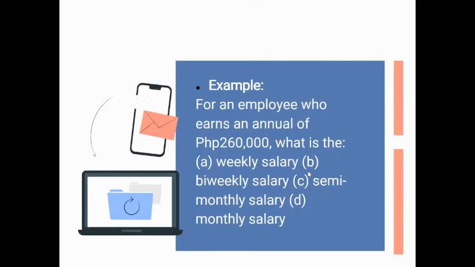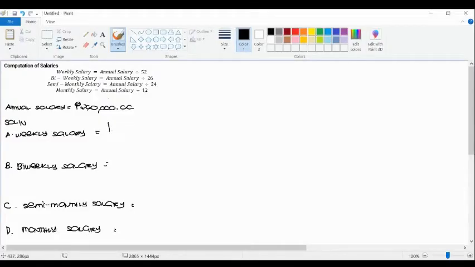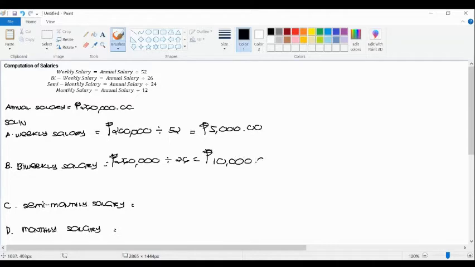For an employee who earns an annual salary of 260,000, what is the weekly salary, bi-weekly salary, semi-monthly salary, and monthly salary? For weekly salary, we need to divide 260,000 by 52. That will give us an answer of 5,000 pesos. Now, for biweekly, we need to divide this by 26. It will give us an answer of 10,000 pesos.